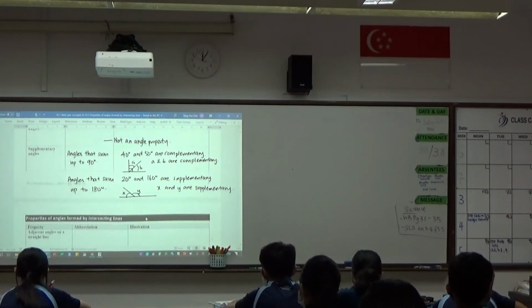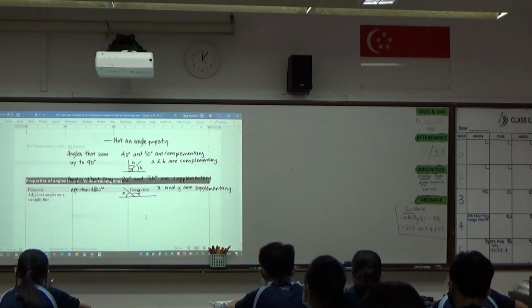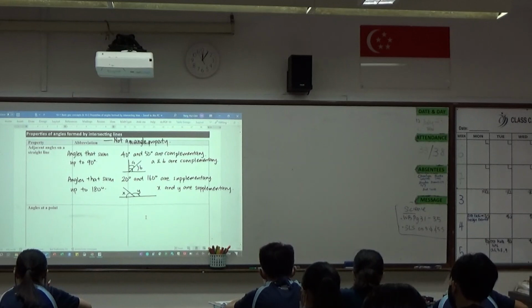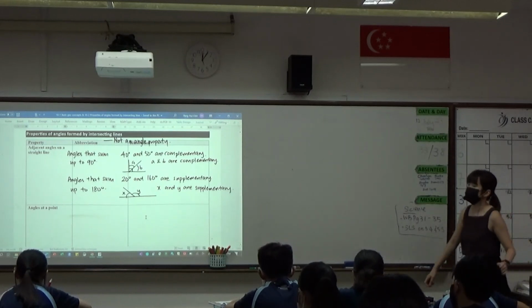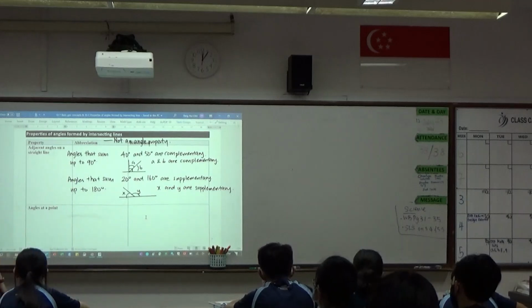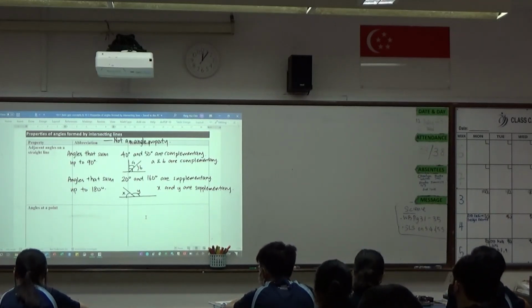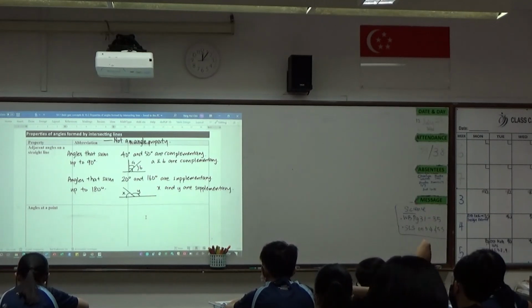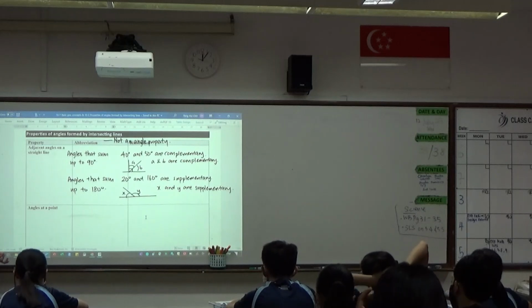Now the critical part of this chapter is knowing how to apply properties of angles formed by intersecting lines, as well as, for tomorrow when you do your SLS, the ones related to parallel lines. In primary school, whenever you solve angle-related questions, you can do all the working that you want, 180 minus this, minus that, 360 minus this, minus that, without any form of reasoning.